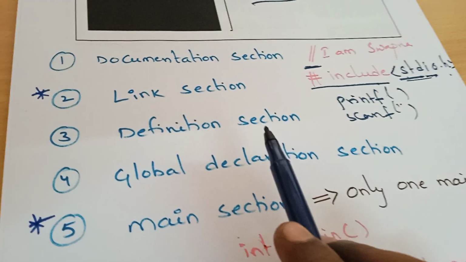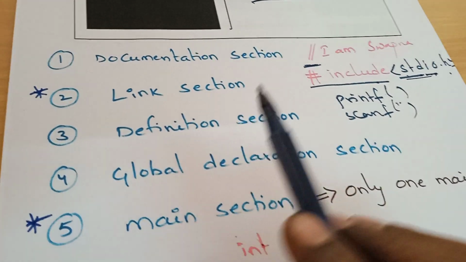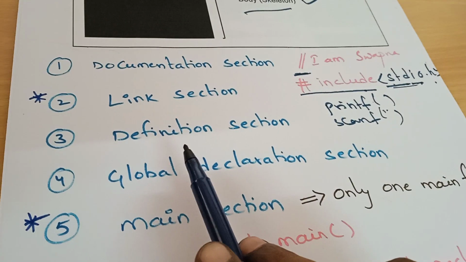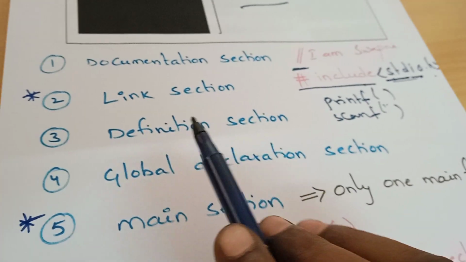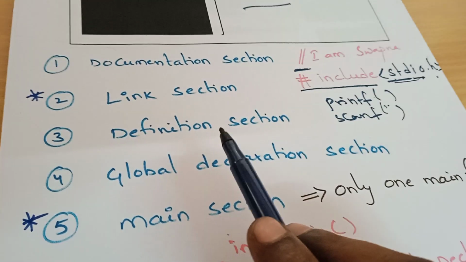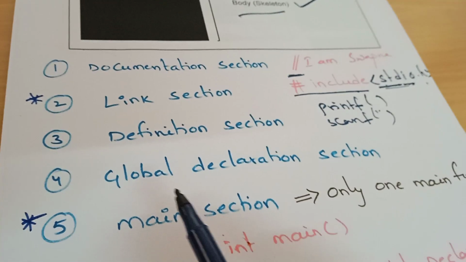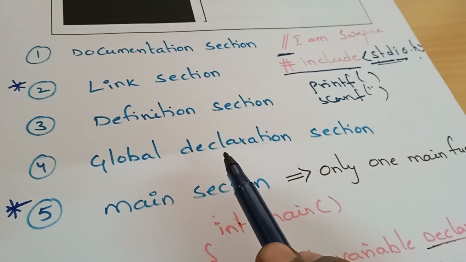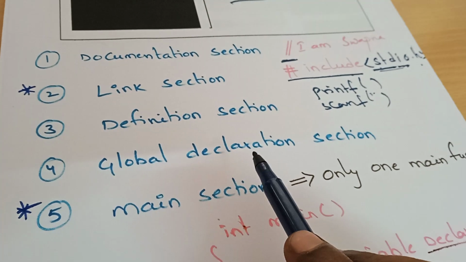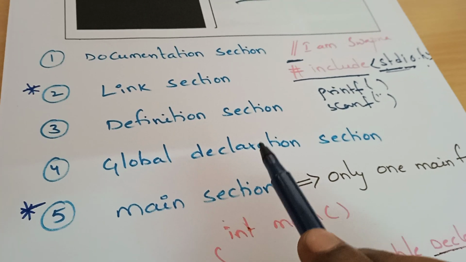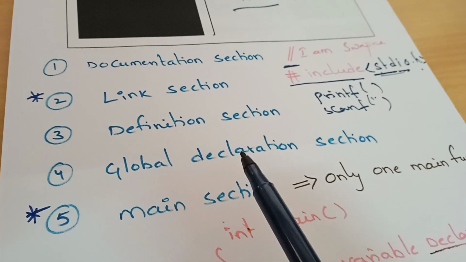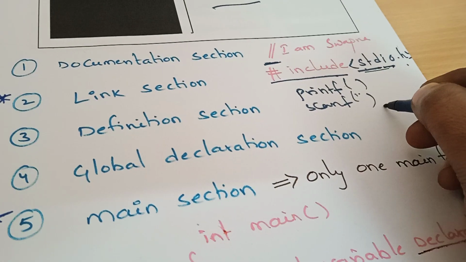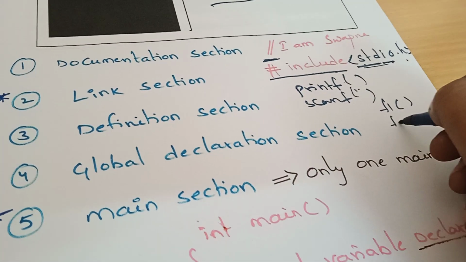The next is the definition section. In the definition part, it is also not compulsory. You can define variables, or whatever is required. Then the global declaration section. Once you declare a variable under this category, the variable will be alive throughout the program. As part of the features, we saw it is modular programming, meaning you can write more than one function. I have functions f1 and f2.